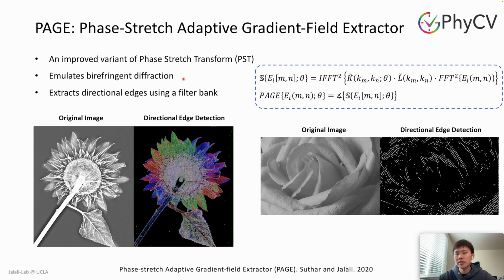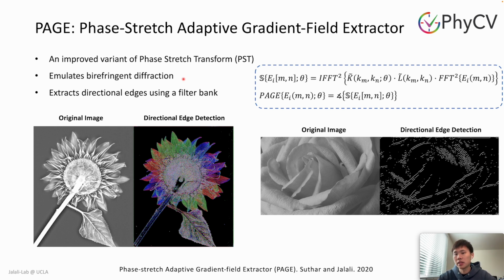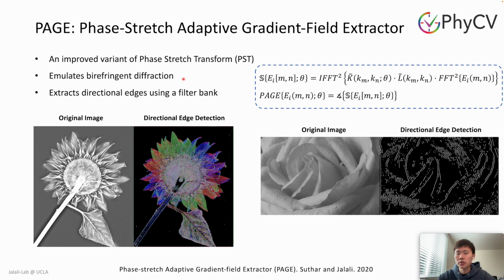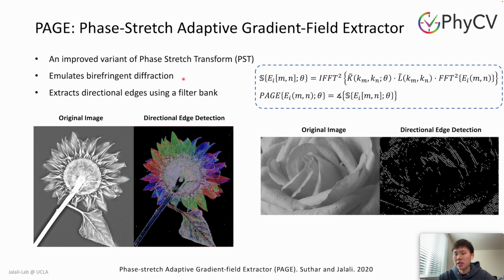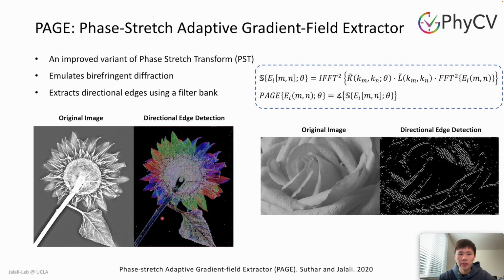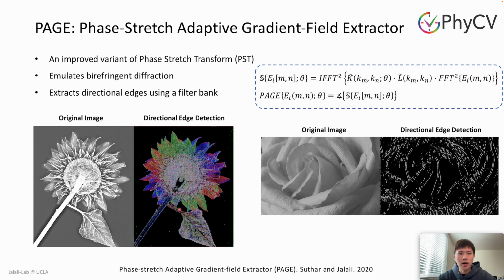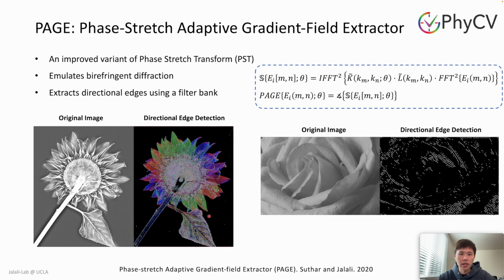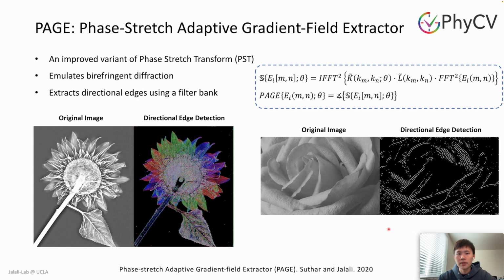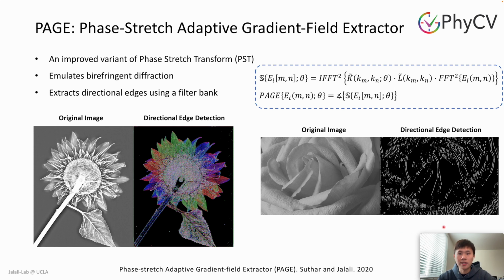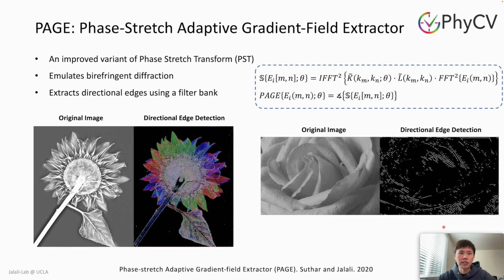The directional edge detection gives PAGE the ability to pick out structural details from images in a way that PST cannot. As shown on the left, the directions of edges are encoded into the color space of the image. As shown on the right, the animation demonstrates the detection of edges at different directions.